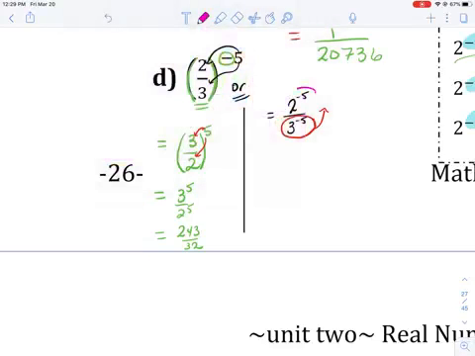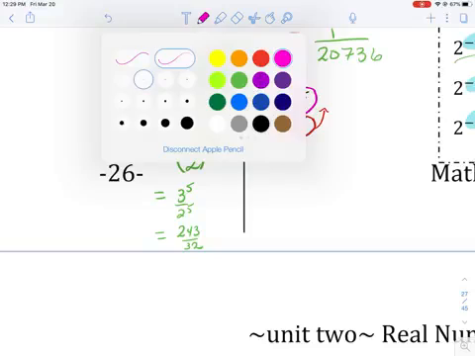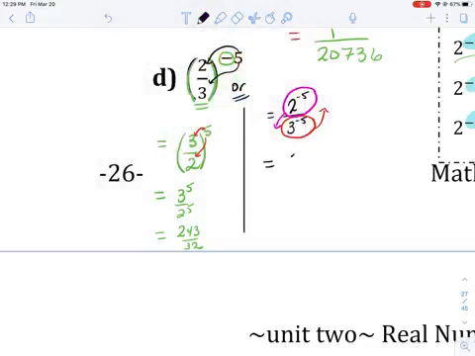That denominator has to go up to the numerator, and this numerator has to go down to the denominator to become positive. So now I've got 3 to the 5 over 2 to the 5, which is 243 over 32.